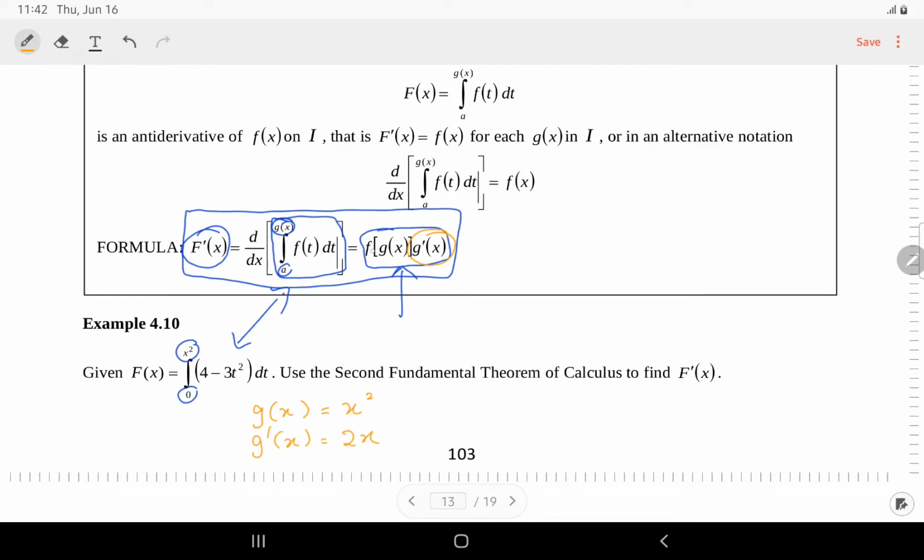And we need to find what our function f is. Our function f of t is right here, 4 minus 3t square. So just insert into this formula to find f prime x.